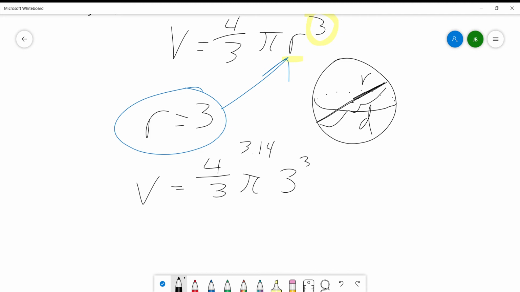There are a number of different ways to do the keystrokes on your calculator, but I would do this: 4 divided by 3 equals. You're going to get an answer that looks like 1.33. You're going to take that and do times 3.14.